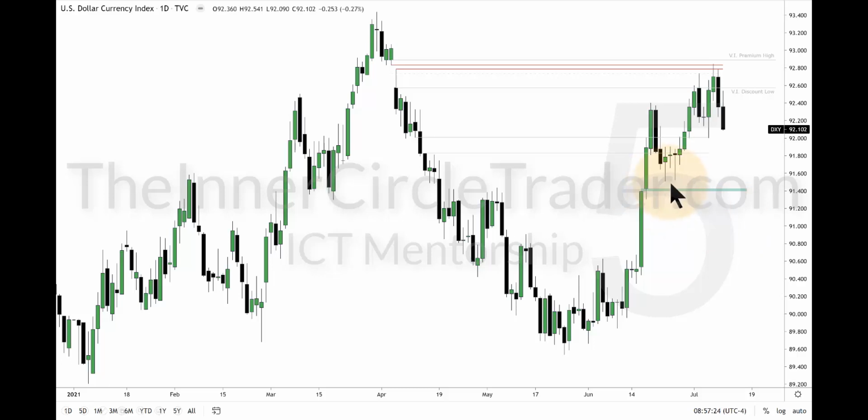Relative equal lows. This low is slightly higher than this one. So we have a sell side liquidity pool there and volume imbalance. So if we see this thing continue to drop, be mindful around that 91.40, 91.45 level or thereabouts.